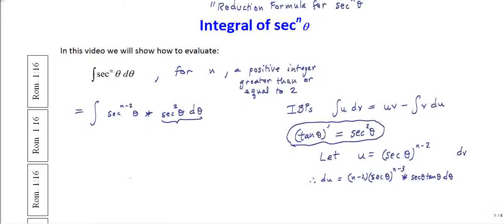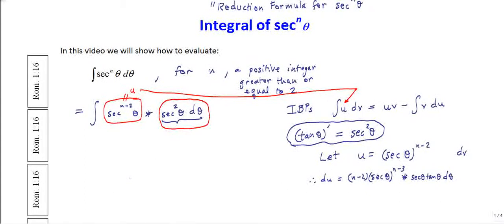So the dv, so if you didn't follow what I was doing here, let's just do a little recap. I'm letting this part be the u, which goes right over there. The balance of what's left over is the dv portion, which is this portion.